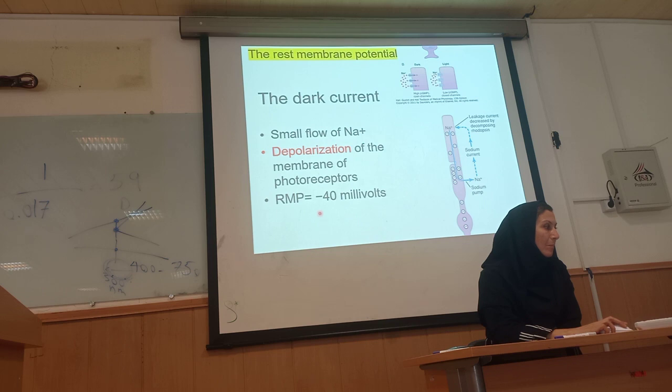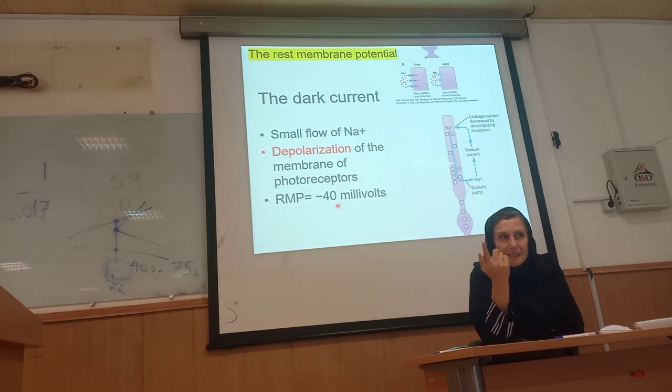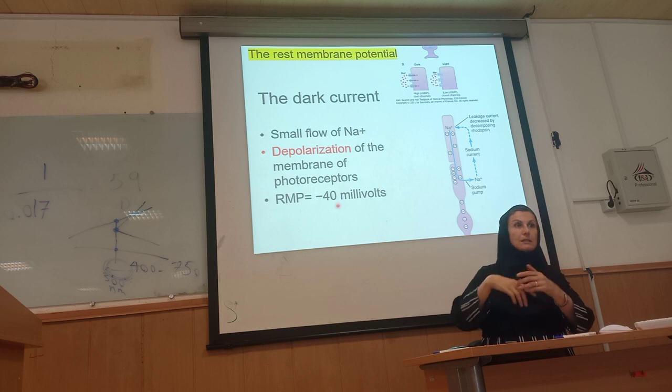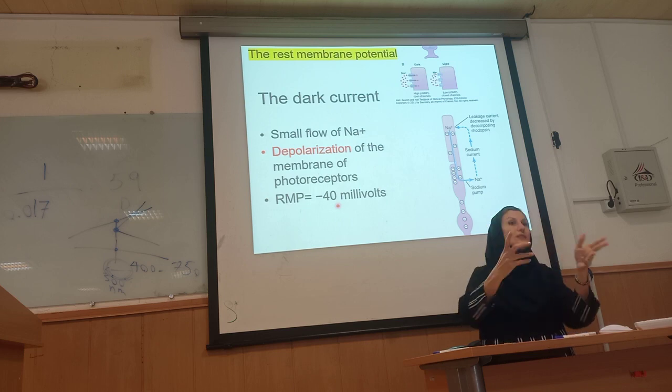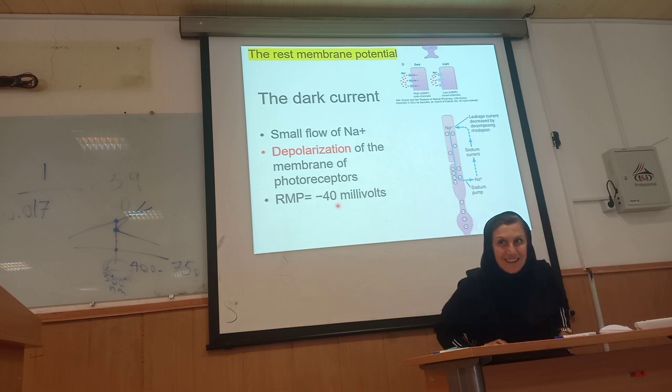This is minus 40 millivolts. Do you remember the rest membrane potential of other cells? Minus 60, minus 70, minus 90. And here you can see this is a little more positive.